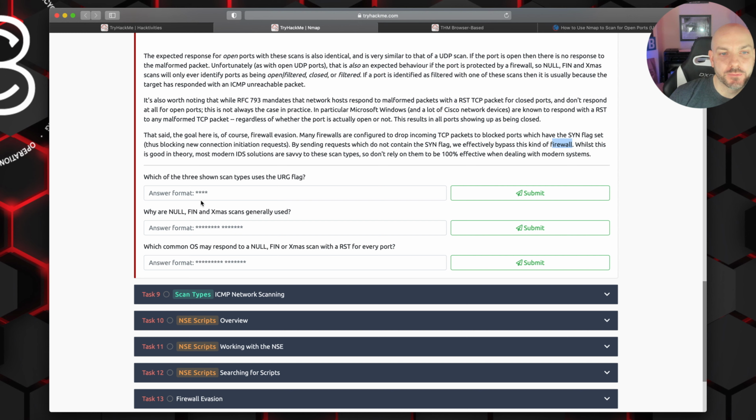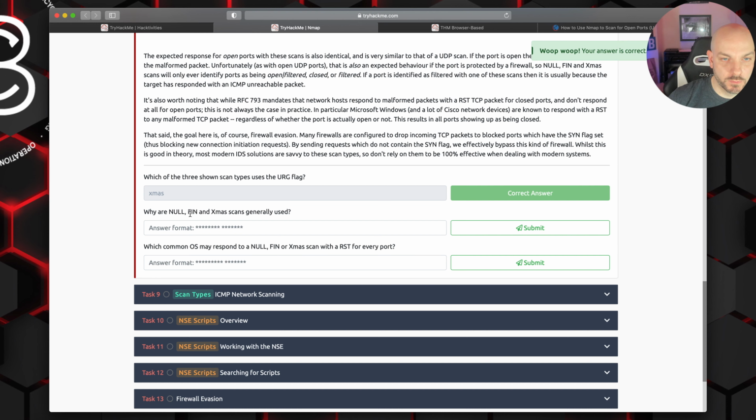Okay, so which of the three shown scan types uses the URG flag? That was the Christmas. Okay. Why are null, FIN, and XMAS scans generally used? Wasn't that firewall evasion?